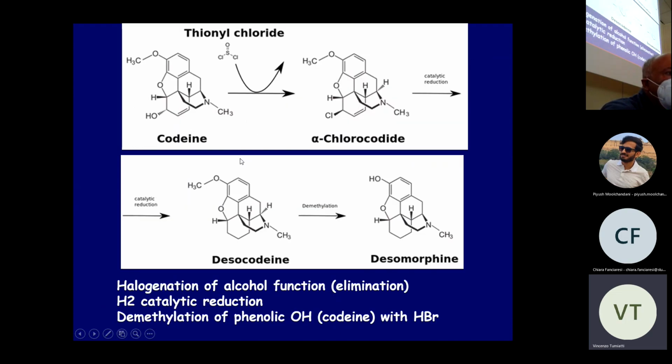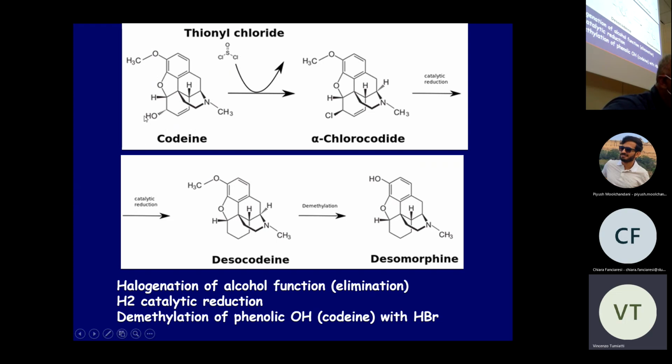The same reaction was applied on codeine. Codeine, I remind you, is a morphine where the phenolic OH is a methoxy group, not a free OH. Same reaction means that we can use a halogenated agent. In this reaction it is thionyl chloride.